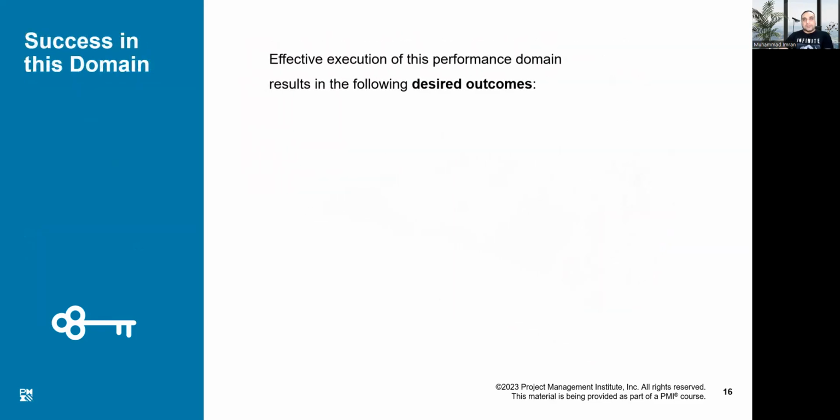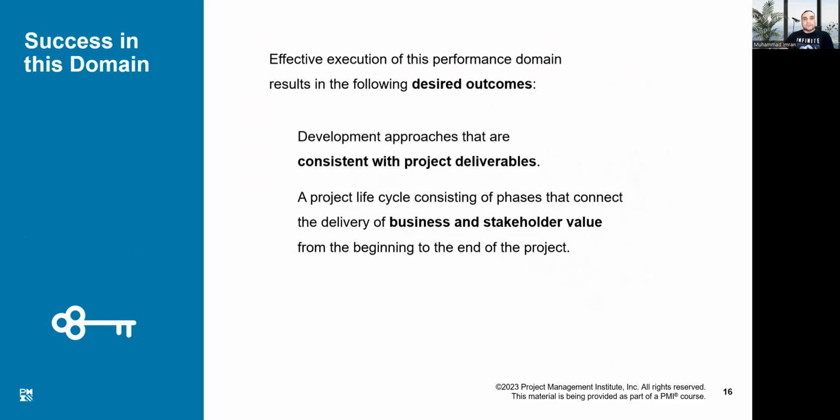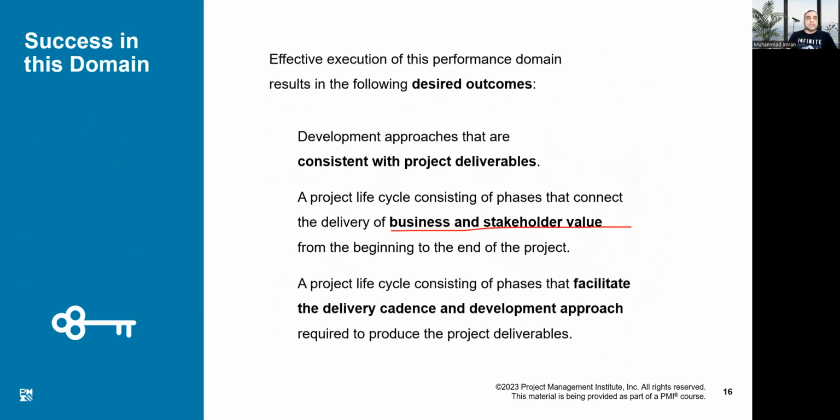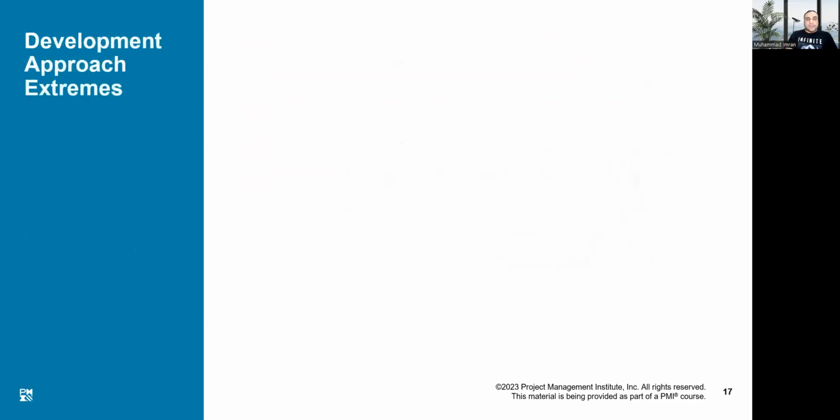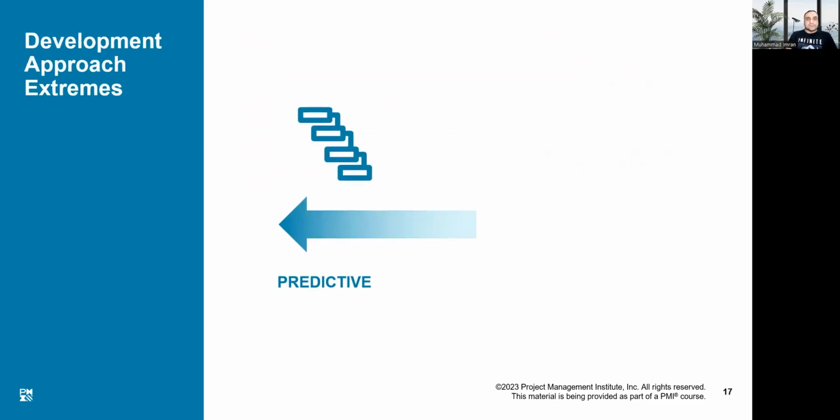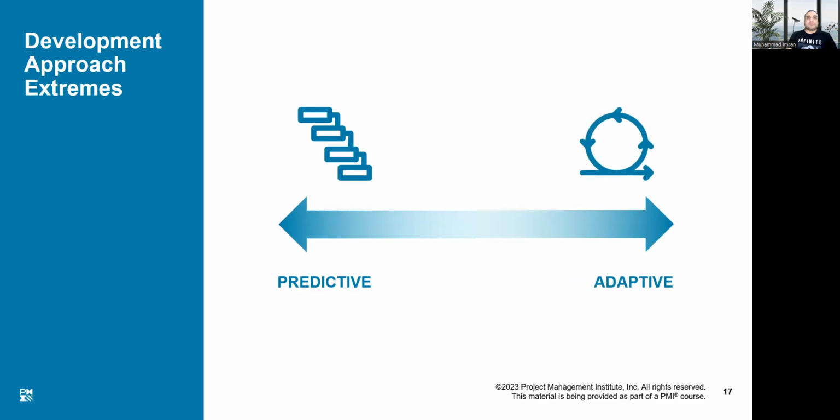When we are working, we need to understand what the requirements are and what type of requirements. Based upon the business and stakeholder values, and how they will be delivered, one time or incrementally, we will choose the development approaches and cadence. If the requirements are very clear, we use predictive. If there is huge uncertainty, then we use adaptive.